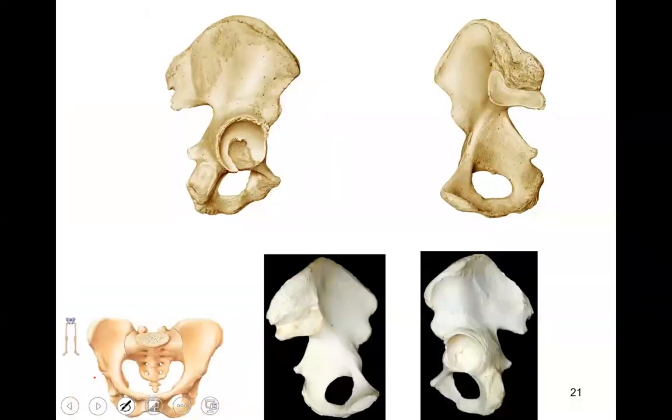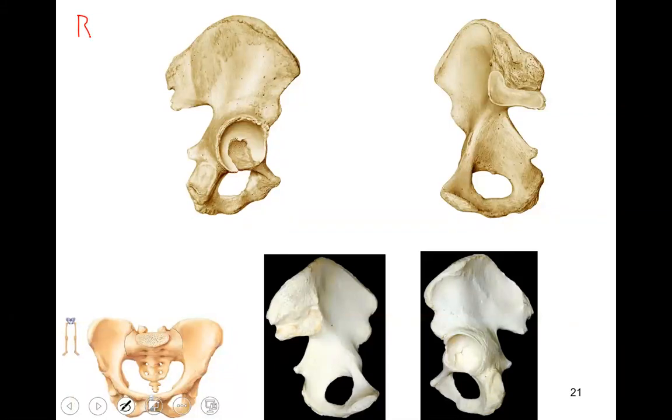Okay, so let us start off by talking about the hip bones. What we see up at the top is a right hip bone. We don't say hip bone per se.